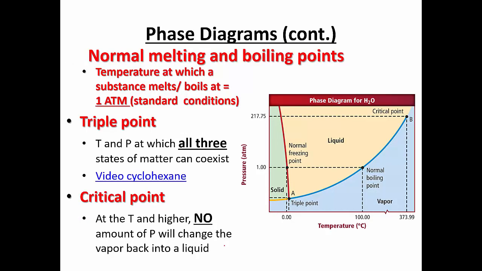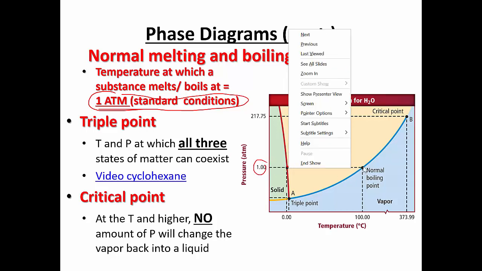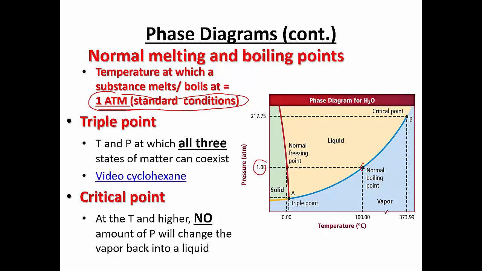From there, we've got a couple of key parts. Normal boiling and melting points: the temperature at which a substance boils at 1 atmosphere, our standard condition. So at 1 atmosphere, we'd have our normal boiling and normal freezing points. Whatever they might be, an example here is 0 and 100 for water, normal boiling and melting points.